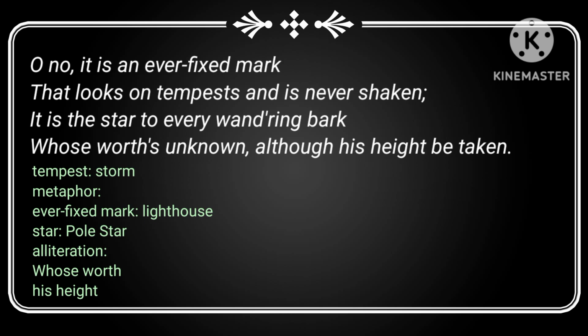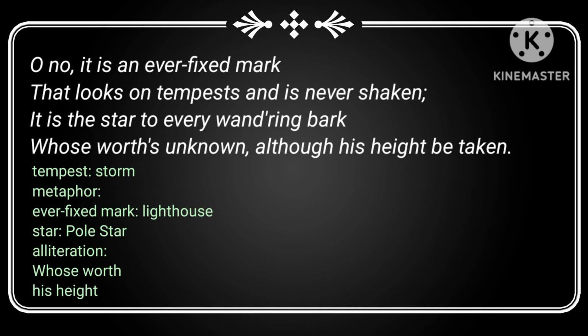The completeness of one's love can be felt. The depth can be understood. But the quantity, the exact proportion, cannot be measured. So in this line, whose worth, his height, these are examples of alliteration.